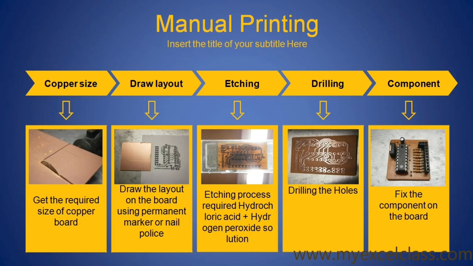After this etching process, we use drilling. You see here, this is the drill, this is the drill position. So, in the etching process, no drilling is done. Manually, you drill here, at your desired position in your copper plate.